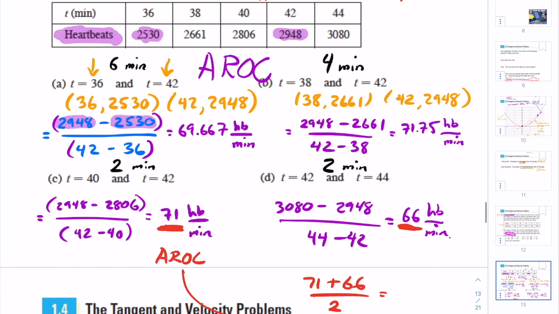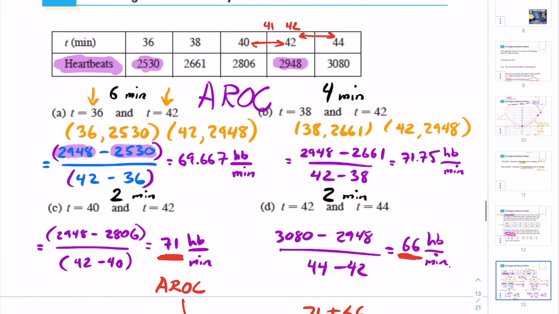But because we only have a table, the closest that we can get is 40 and 42 or 42 and 44. Now, theoretically, could we make our estimates even better? Could I pick something even better than 41 and 42?